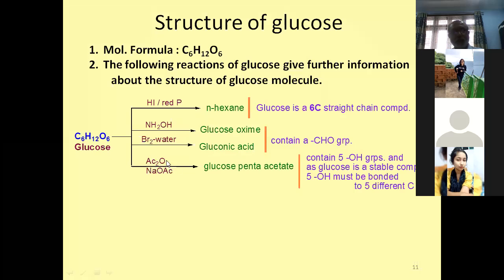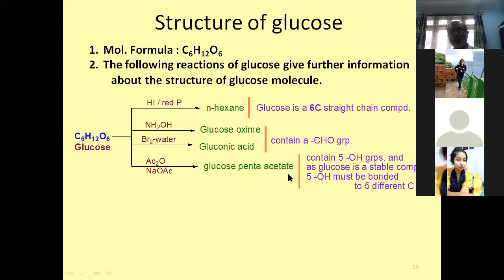Third, we take acetic anhydride and sodium acetate and it gives you glucose pentaacetate. Now here it is not only the reaction, we also have to do the estimation, to show how many OH groups are being acetylated. After the reaction, one part of the acetic anhydride will give you acetic acid.